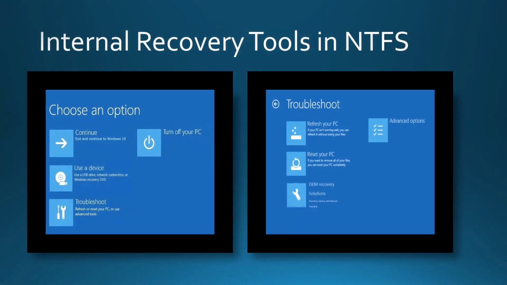Windows 10, which operates using the NTFS filing system, has internal recovery tools that can be utilized in recovering and restoring corrupted data. Those tools include using the computer management utility, the disk management utility, and the command prompt. One way to access recovery and restoring tools in Windows 10 is by holding down the Shift key while clicking on the power icon and selecting Restart.